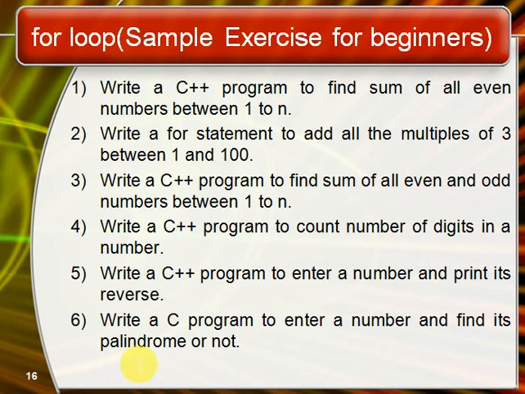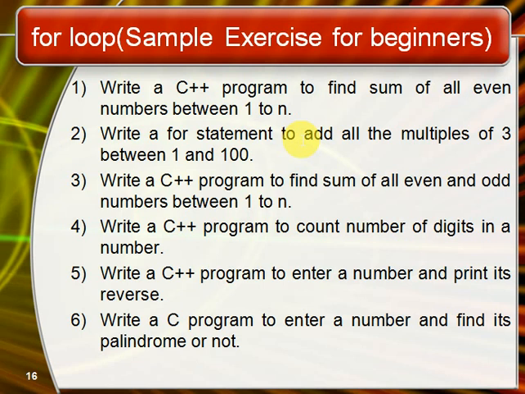These are some sample exercise programs for beginners. Write a C++ program to find the sum of all even numbers between a range of 1 up to n, where n is a user defined number. Another sample program for beginners: write a for statement to add all the multiples of 3 between 1 and 3.